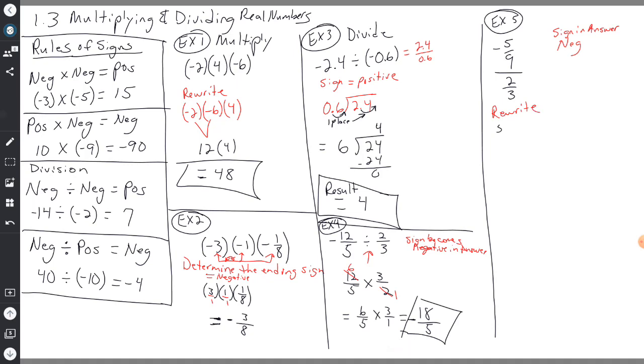Since we know what the sign is going to be in the answer, let's just leave the sign out. Good, and then what? Change to multiplication. And whenever we change to multiplication, we flip the second term.